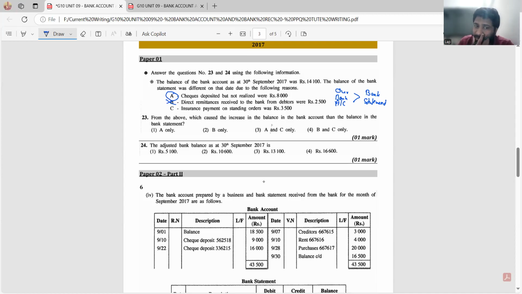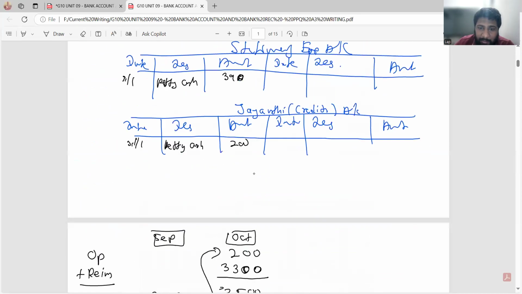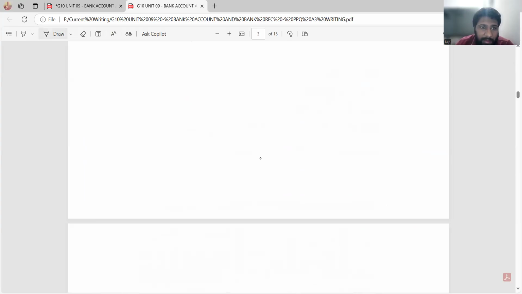Next up, insurance payment on the standing order. Through a standing order, the bank has directly paid that money. That means from the bank statement, that amount has been reduced.